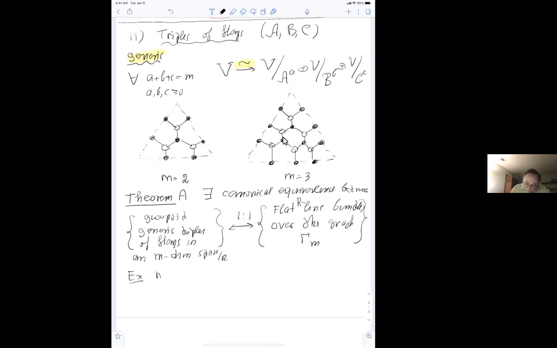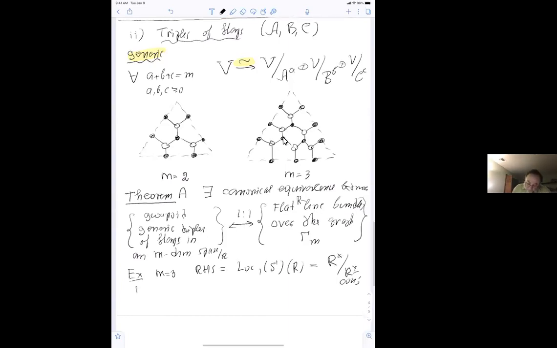But when m equals 3, there is something happening already, because in this case, the right-hand side is local systems on a circle, which we discussed before. And as I said before, this is just R star divided by R star conjugation.